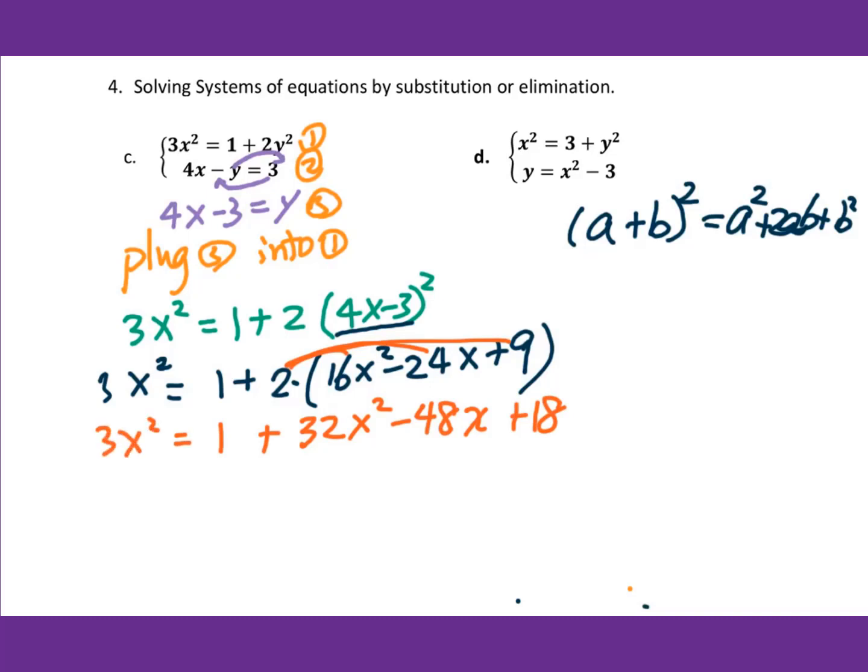You know this is a quadratic equation, we want to get it equal to 0. So move this one over here. Subtract 3x squared. Then you will get 32 minus 3 x squared, that's 29x squared minus 48x plus 19.